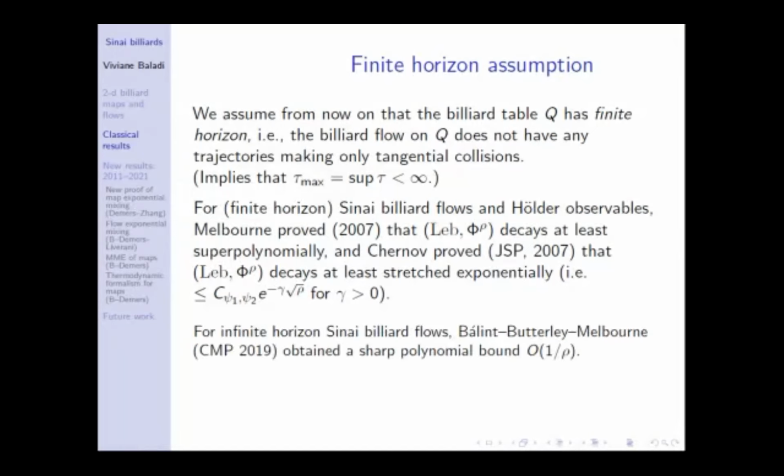Just to mention that this finite horizon assumption is not just because we are too stupid to handle the infinite horizon. For infinite horizon billiard flows, the correlations decay very slowly, like 1 over the time.